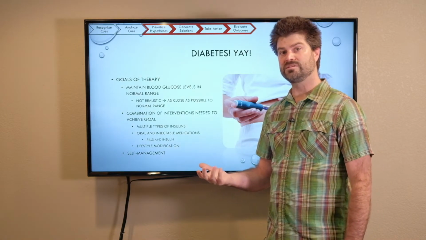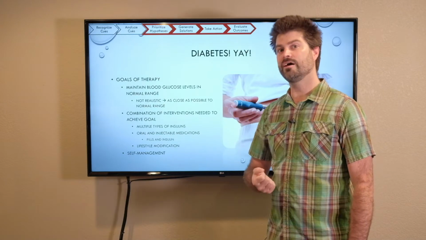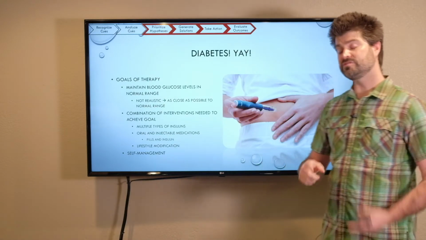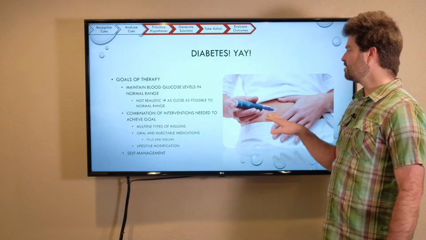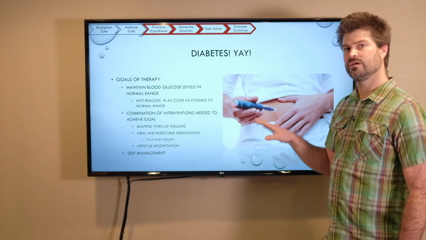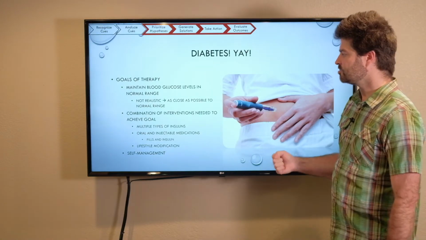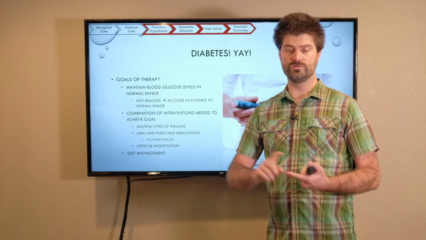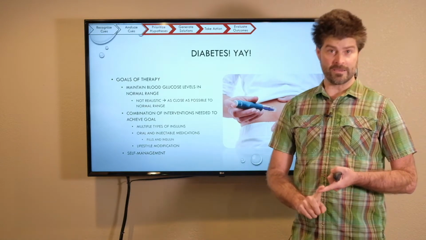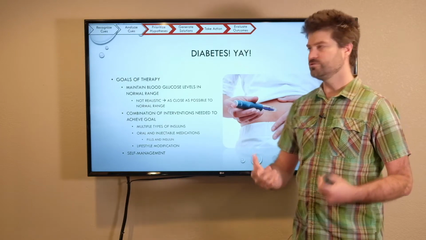So our type 2 diabetics will be taking oral anti-diabetic medications, but they'll still be checking their blood sugars routinely and dosing themselves with some insulin as a way of supplementing what their body's able to do with the oral medications. And then of course, lifestyle modifications.